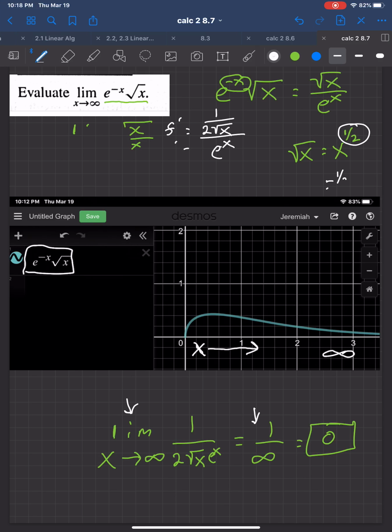And when we say what is the limit as x approaches infinity of e to the negative x times the square root of x, we're really simply asking, what is our graph doing? What is our graph approaching? What is y approaching as x approaches infinity?